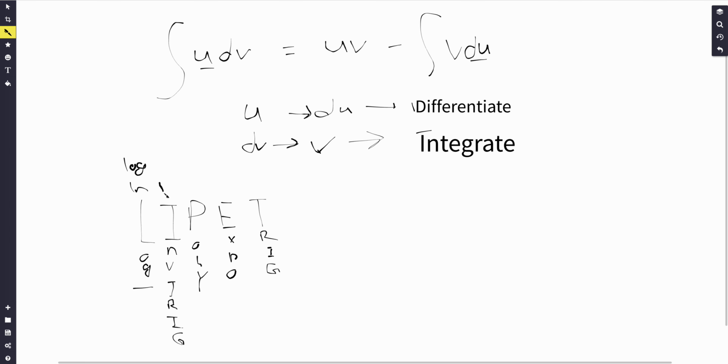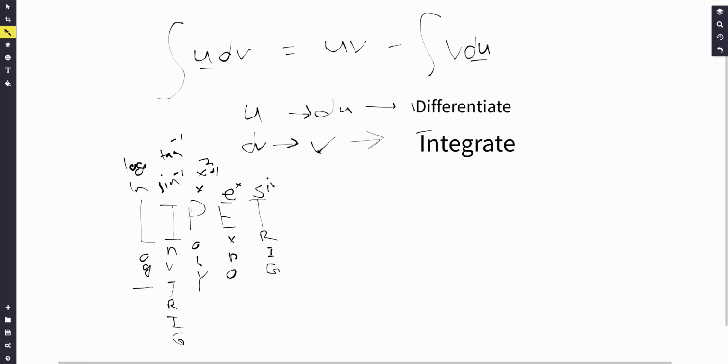For inverse trig, think of inverse sine, inverse tangent, etc. Polynomials can be x squared plus 1, literally any polynomial. Exponentials can be like e to the x, and trig can be, again, sine of x.